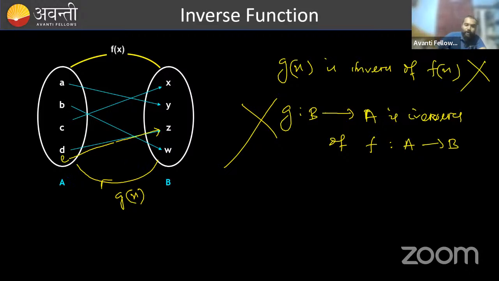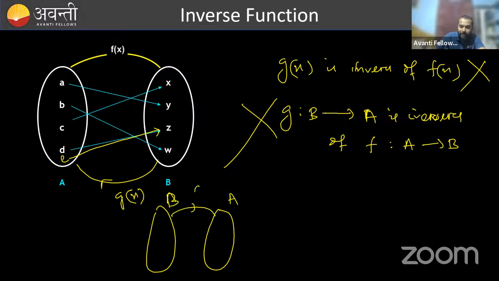So for your understanding, I am taking this is my B, this is my A, and this is my g, which is f inverse. This is my x, y, z, w, and in A, B, C, D, E.